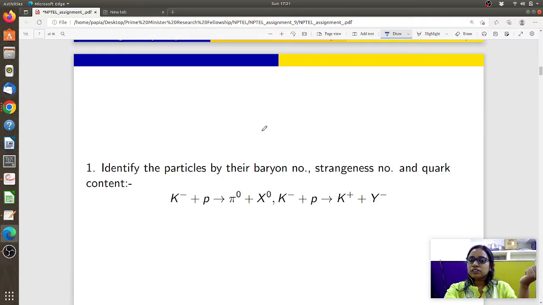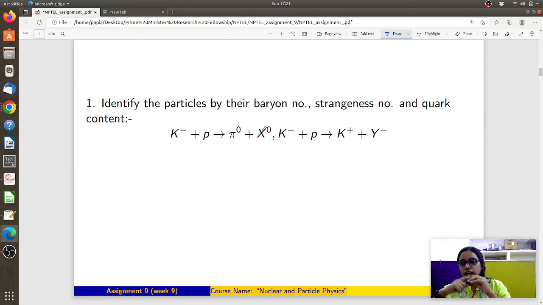So now coming to the first question. It's not that simple, but still a very simple question. The question is to identify the particles by baryon number, strangeness number and quark content. There are two reactions.